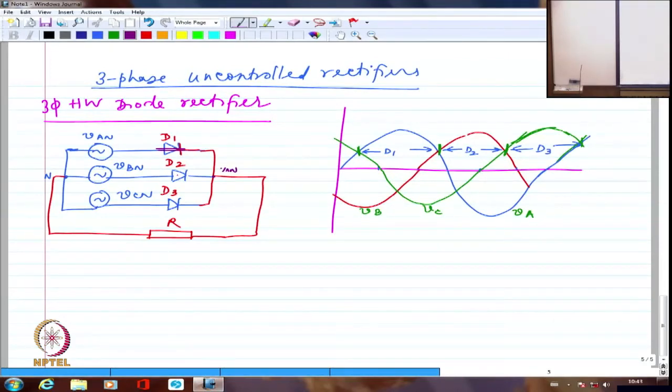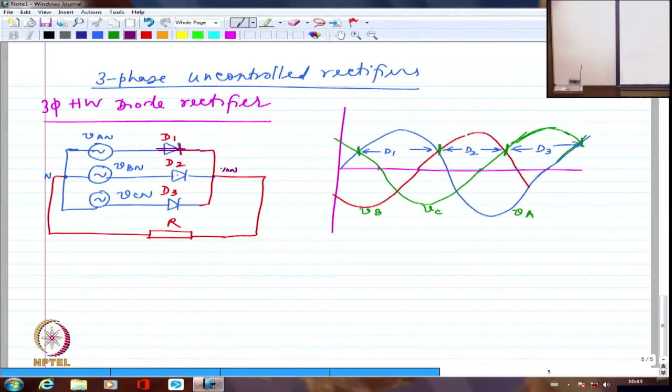Because beyond this point, D2 will get automatically forward biased. Because it gets forward biased, it will jump into conduction. And once it jumps into conduction, the other two diodes are eliminated automatically. Right?